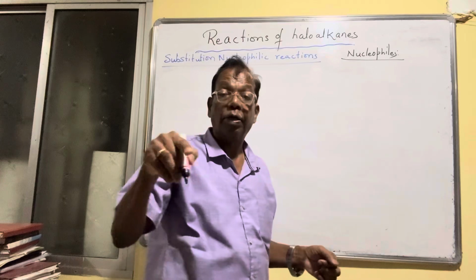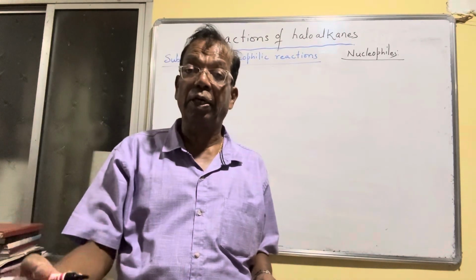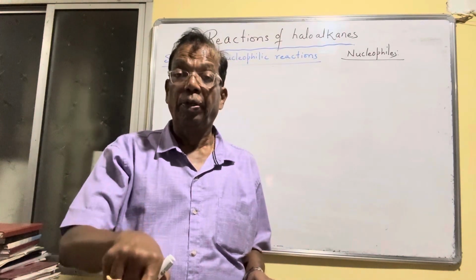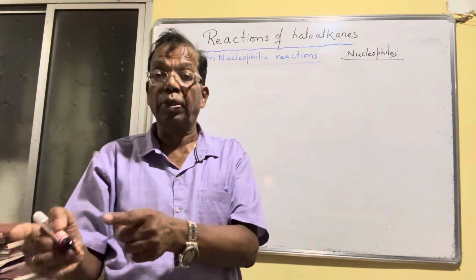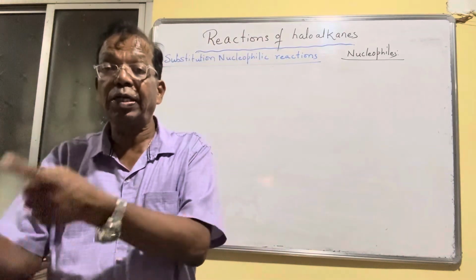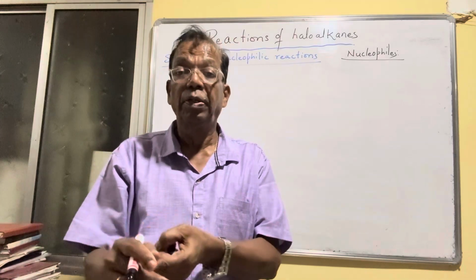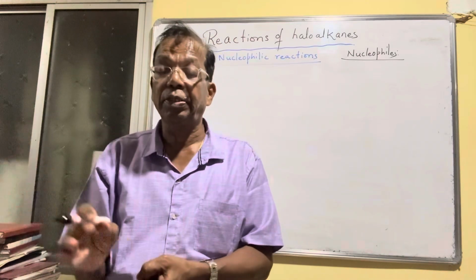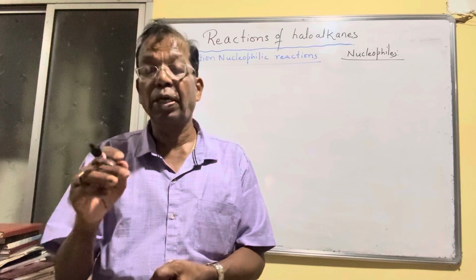Remember, electrophiles are the reagents which are short of electrons. So nucleophile: rich in electron; electrophile: short of electron. Nucleophiles carry negative charge. Sometimes certain molecules do not carry any charge. They are neutral molecules. They are also called nucleophiles.